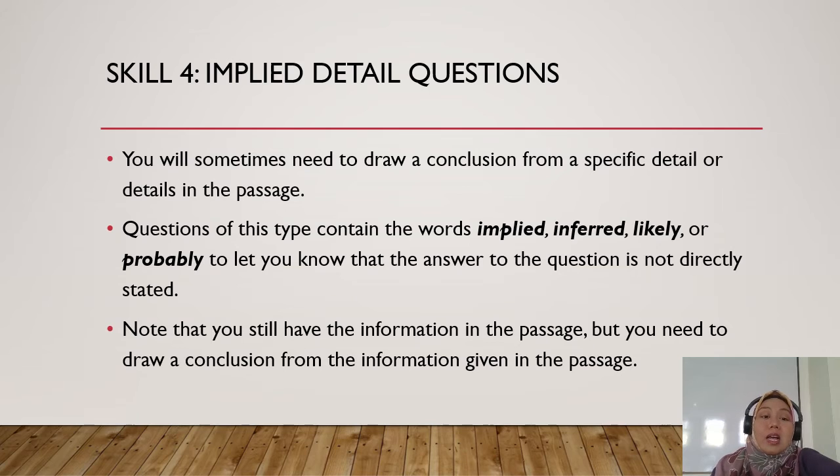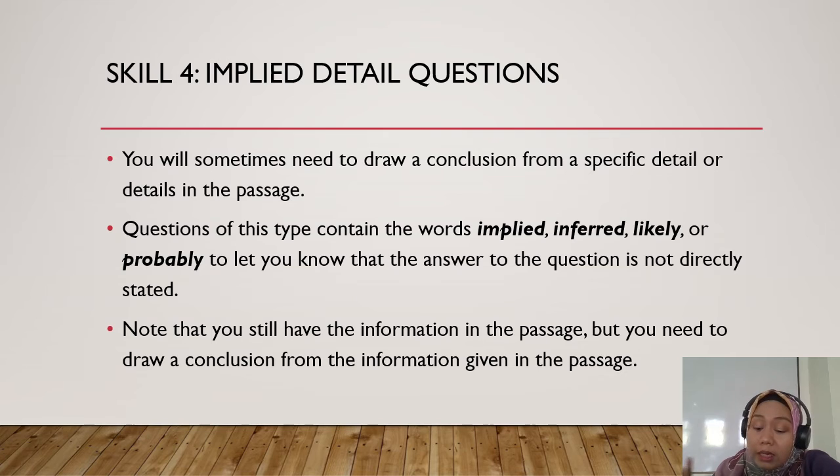All right, now skill 4. Implied detail questions. Implied means not stated directly. It's implicit. So you will sometimes need to draw a conclusion from a specific detail or details in the passage.